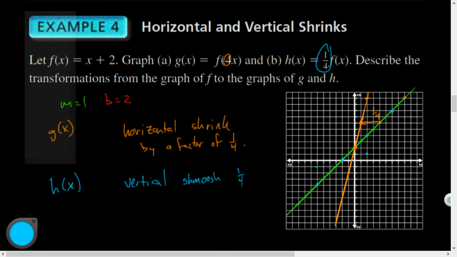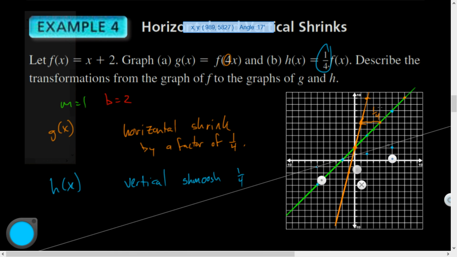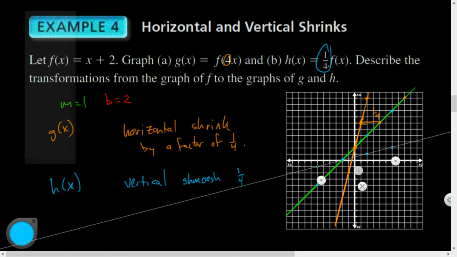Come on, friends. 8 divided by 4 is 2. So this is now right there. Now I noticed, when I draw that line, it was a vertical smoosh where this is now 1/4 the height, and this is actually 1/4 there as well.